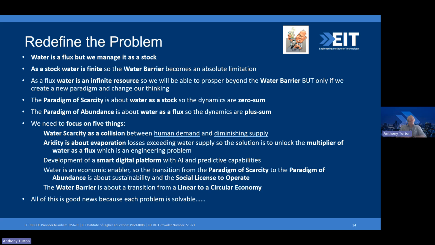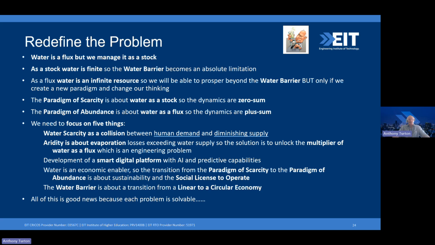And the second thing you need to think about is aridity being about evaporation losses that exceed water supply. Aridity is not about having no water. Aridity is about losses to evaporation exceeding the amount of water that falls into that area through natural precipitation.